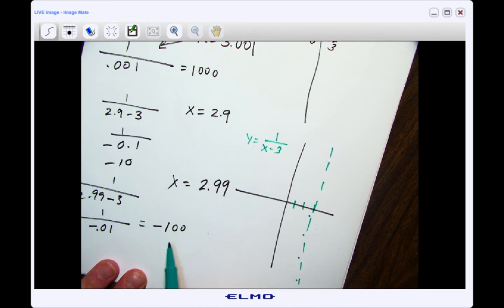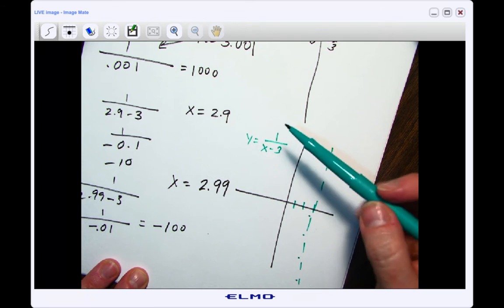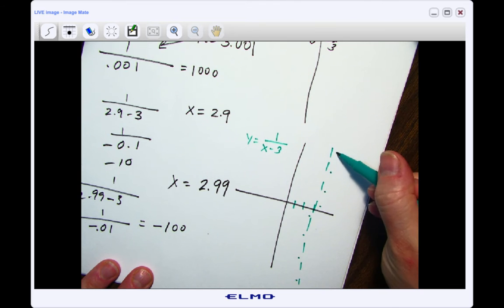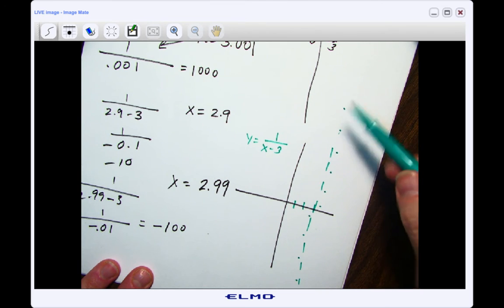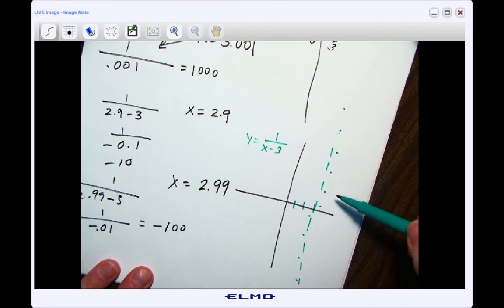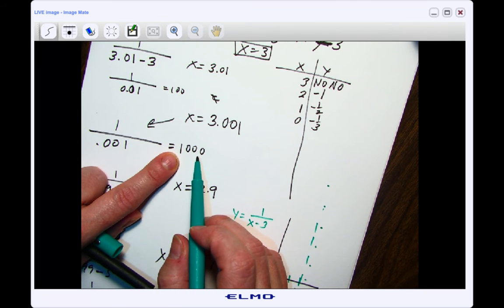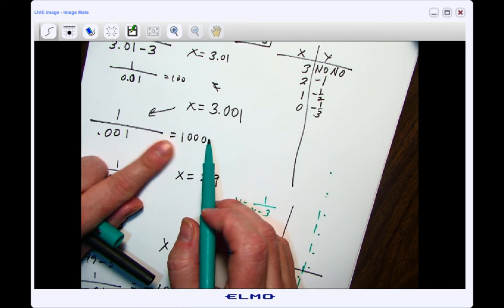But the output, when I plug it into this function, will actually be a really tiny number. And on this side of 3, as I put numbers in, they're going to get really, really big. I'm going to keep getting closer to 3 this way, but this number is going to keep going up. So when I put the positives in, I'm going to keep getting these big positive numbers.